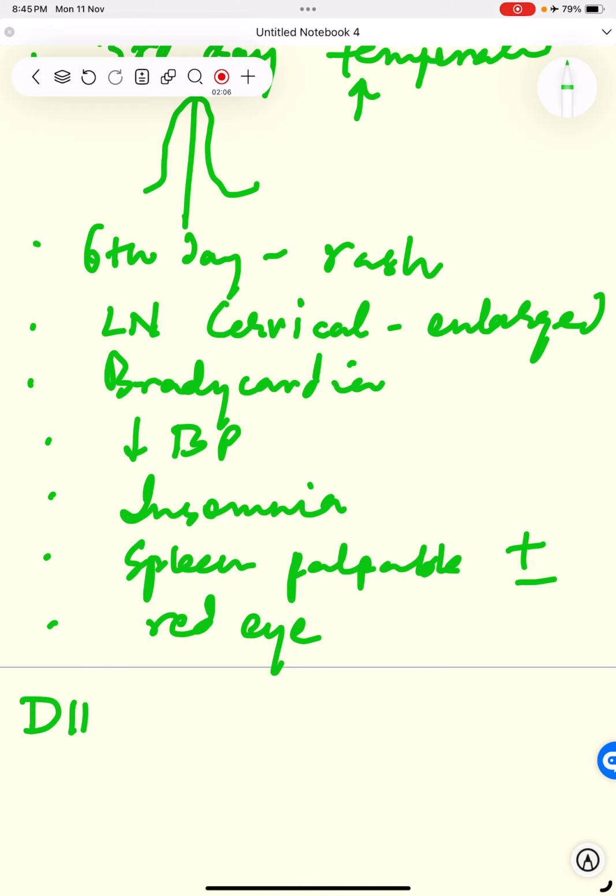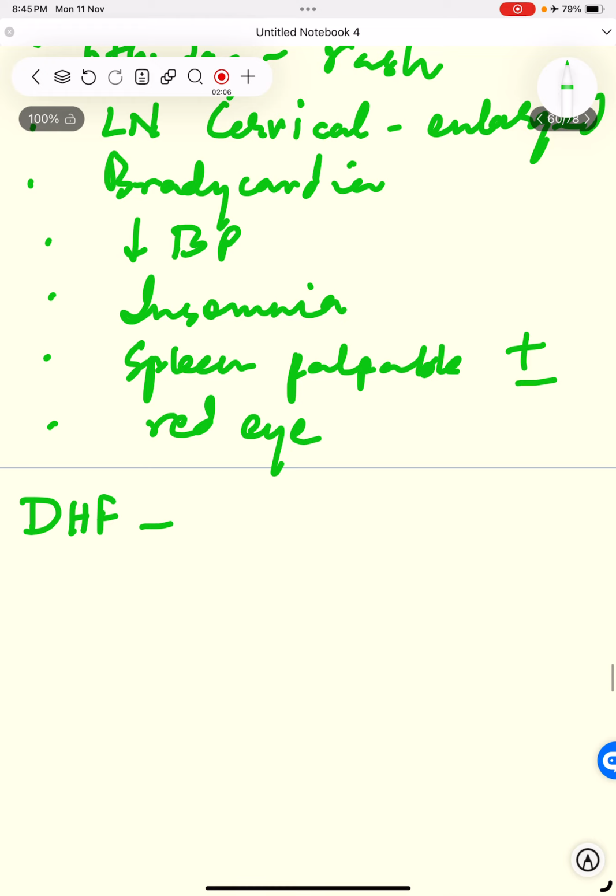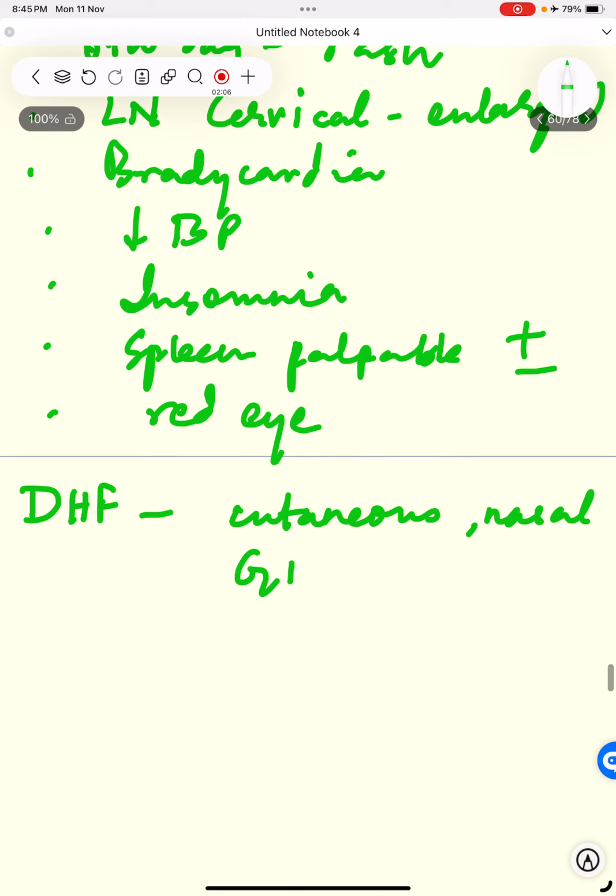In case the patient has come to the stage of dengue hemorrhagic fever, of course, you can see the hemorrhage on the skin, or nasal hemorrhage as epistaxis, or the patient can even have GI bleed.